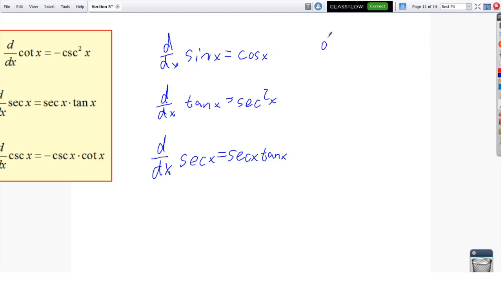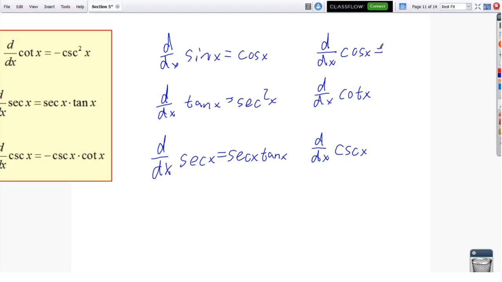What I put over here in the second column of my brain matrix is the derivative of cosine, the derivative of cotangent of x, and the derivative of cosecant of x. The reason why I put it this way is because in my mind, sine of x is analogous to cosine of x.